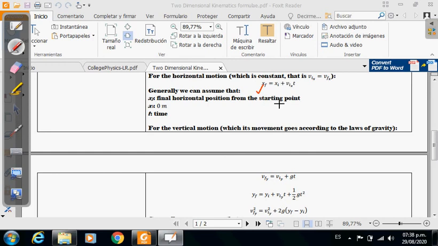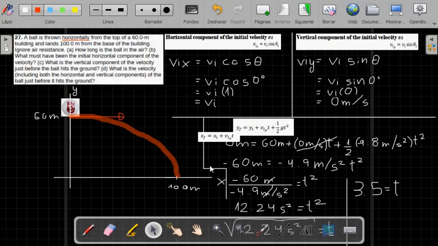And we have the initial horizontal position, which is 0, but we don't have the initial horizontal velocity, but I have the time. So with this formula I can calculate the initial horizontal velocity. Let's take it to our blackboard.